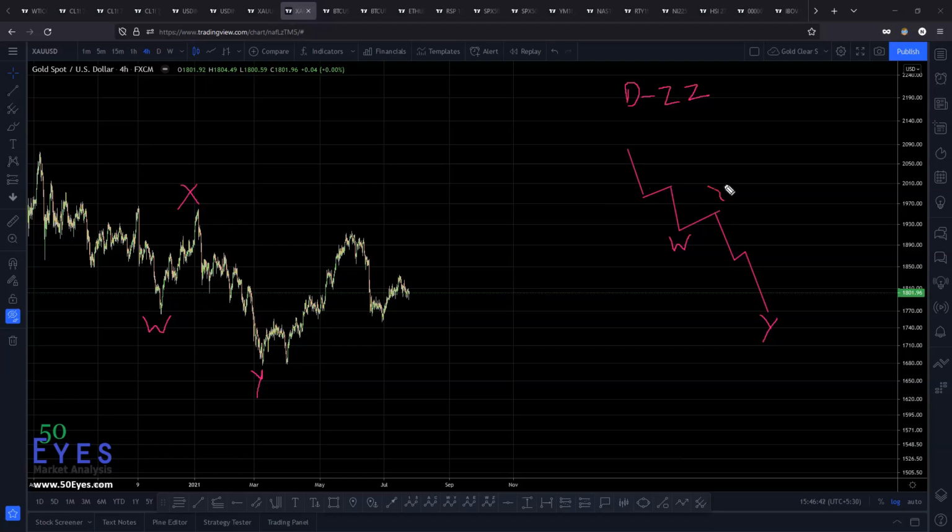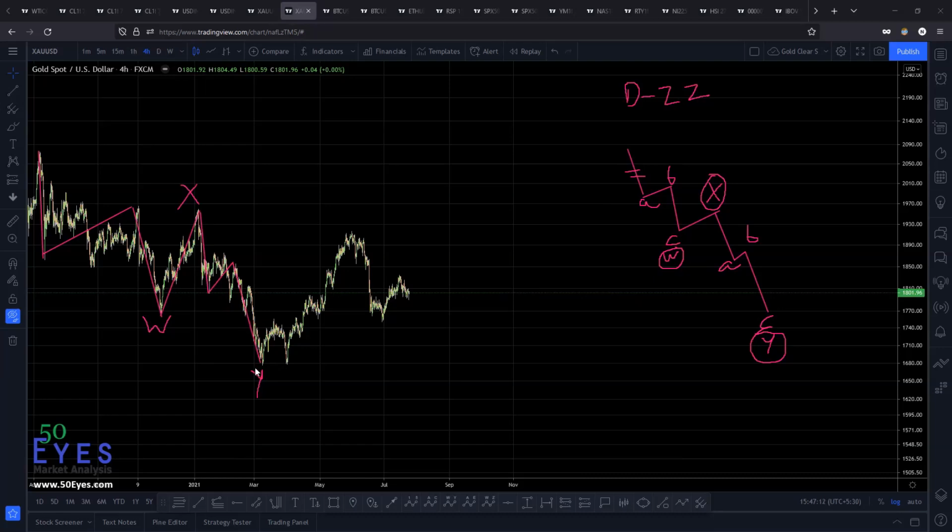The W will have an A down, a B up, and a C down, followed by a connecting wave X, followed by another A down, B up, and C down. So that is the rough structure of a WXY correction. In this particular case, we have the A down, B up, C down, followed by connecting wave X, followed by an A down, a B up, and a C down here.